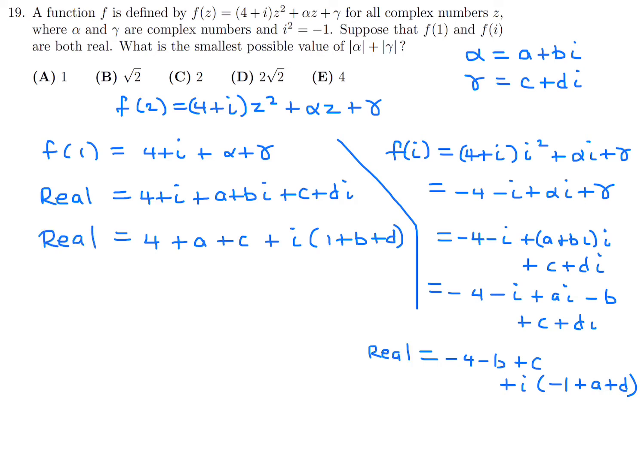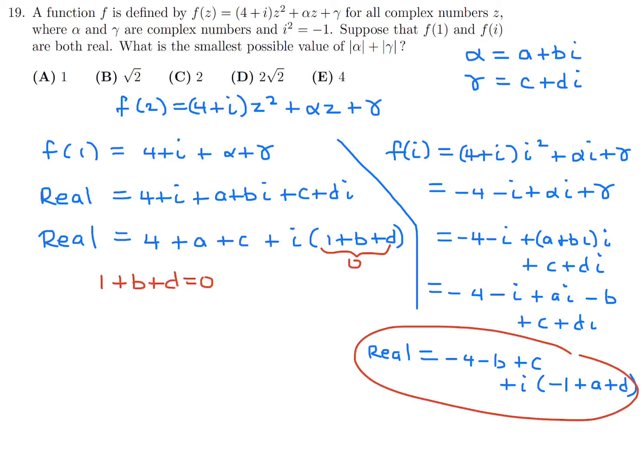So what does that mean if something is real? It means that the imaginary component here is 0. Real numbers cannot have imaginary terms in them. So that basically means that 1 plus b plus d must be 0.